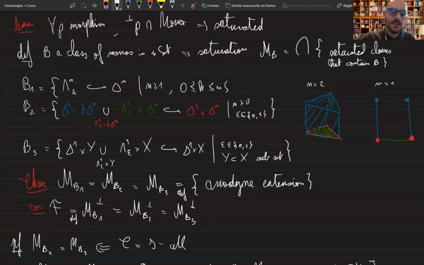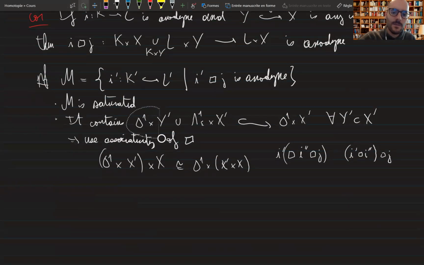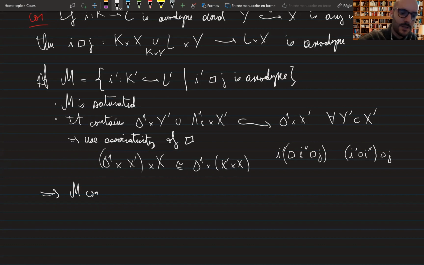All right. So whenever you take an inclusion like this, the square of it with J will be in M. So it will be anodyne by definition. And so therefore, this class M contains all anodyne extensions.